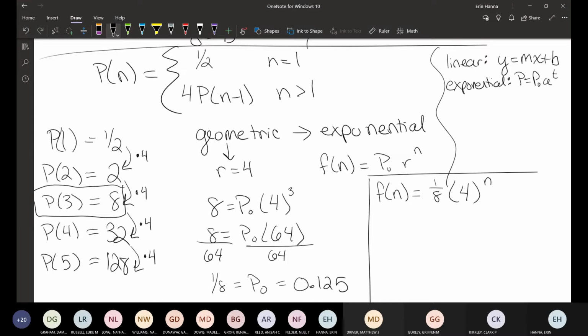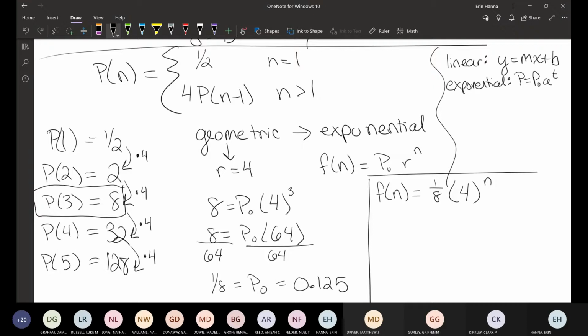But I got it because since it's a geometric sequence, and we notice that the difference between the terms is that you're multiplying by something, that's exactly what an exponential function does. So there's a relationship between a geometric sequence and an exponential equation.